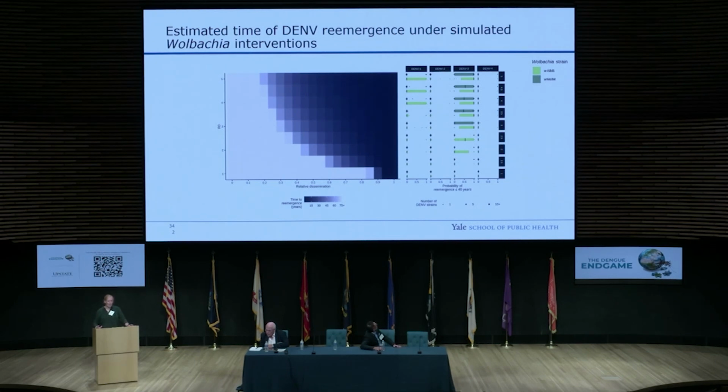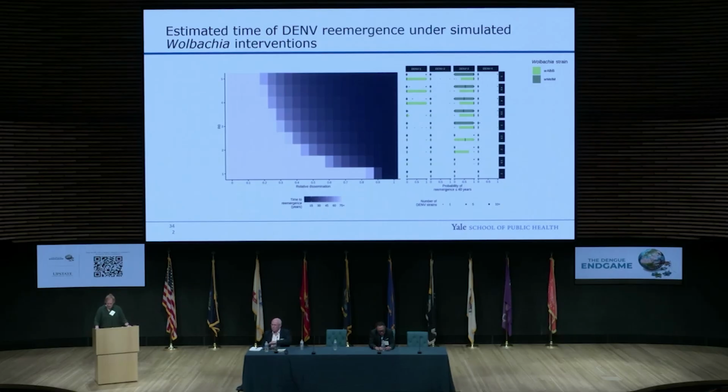And again, like what we see with the experimental data, this confirms that, especially with dengue 3, under both Wolbachias, we see the highest probability of reemergence. We see some of that as well under higher transmission intensities for dengue 1 under WLB. But overall, there are very few viruses where you would expect to see reemergence within 40 years when you consider dengue 2 and 4 for either Wolbachia.